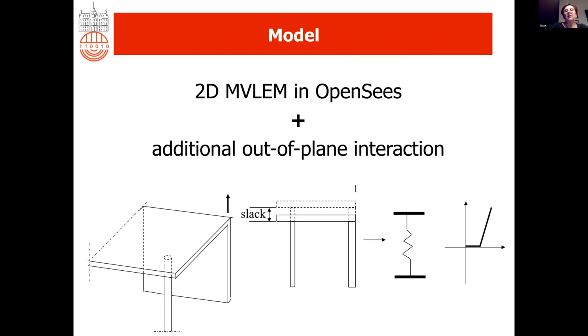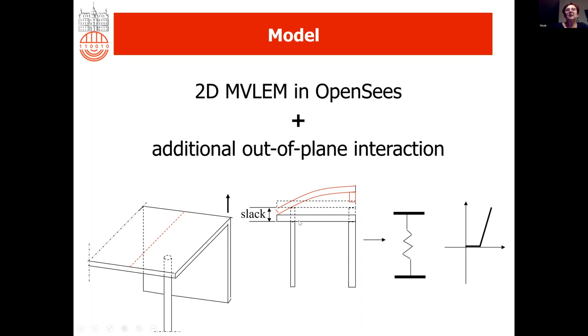So we used a 2D model, but we noticed that this slack was not enough, and it was closed. And here, 4 different excitations were performed at different intensities, and we noticed that the slack can be closed.